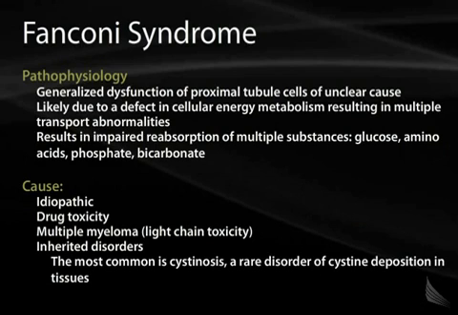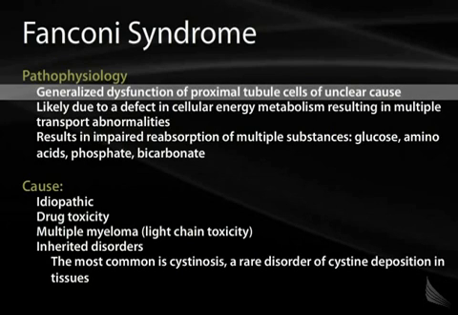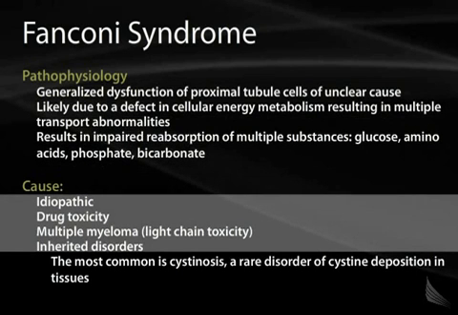Perhaps the prototypical example of proximal tubular dysfunction is Fanconi syndrome. Fanconi syndrome is a distinct phenomenon from Fanconi anemia, completely unrelated outside of the individual who discovered the syndromes. The pathophysiology is generalized dysfunction of proximal tubule cells. This can occur for a variety of reasons, including drug toxicity, diseases such as multiple myeloma, and inherited disorders.